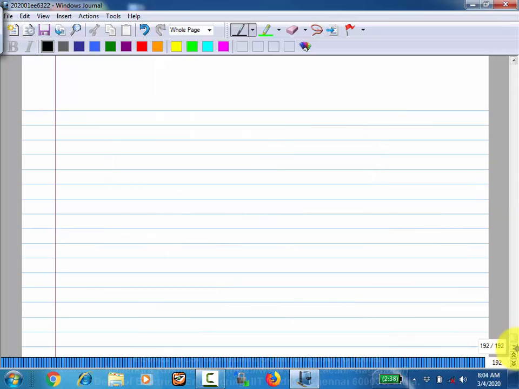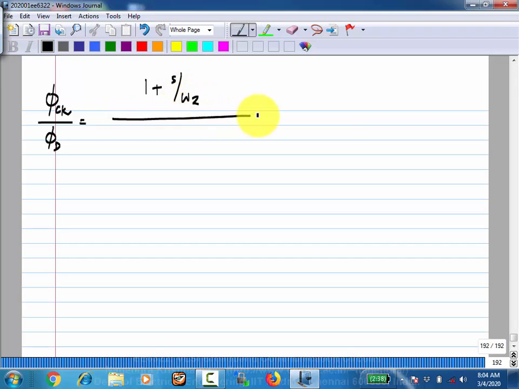Now, what did we find? The transfer function of the output phase to the input data phase will be 1 plus s by omega z over the denominator.